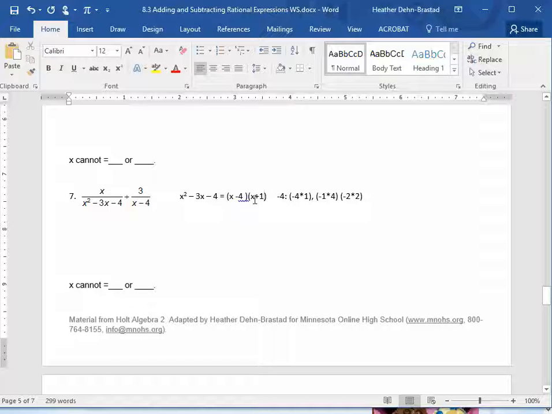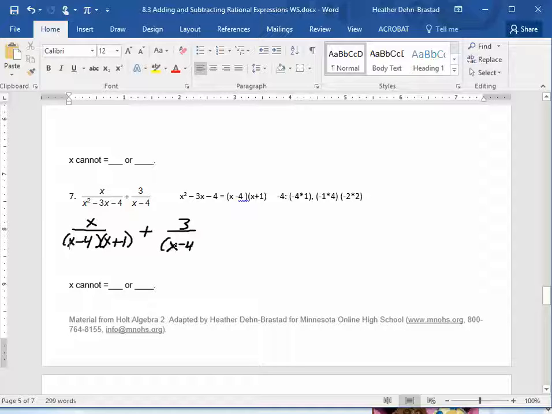Now that I know what that factors to, I'm going to rewrite this with those factors. And I'm also going to think, what does my second fraction need that it doesn't yet have? It has the x minus 4. See, it has that part. It needs the x plus 1. So you can do this using the equation tool, or if you're typing by hand like I'm going to do, then you can rewrite this as x minus 4, x plus 1, plus 3 over x minus 4.